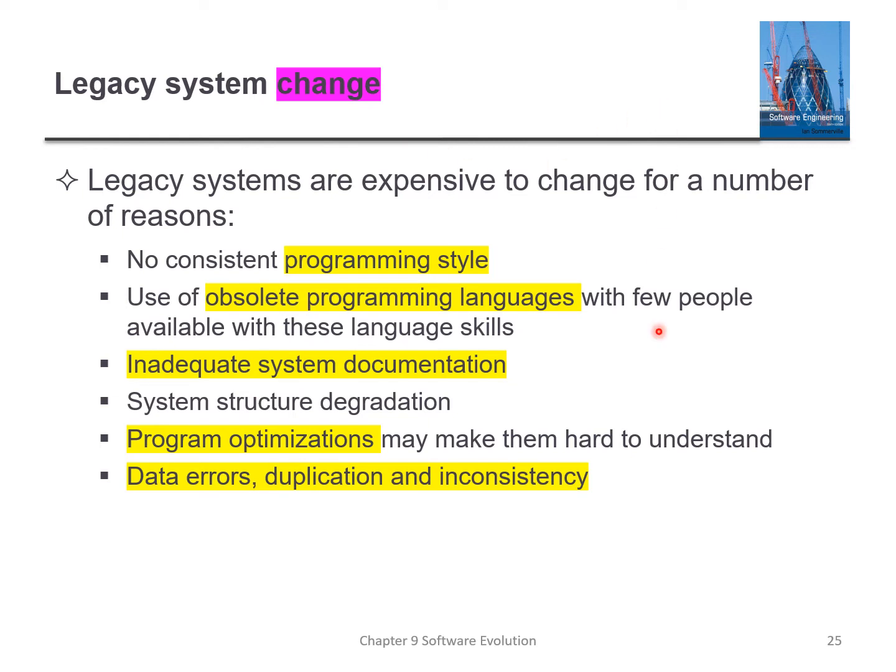Because you want to change it, you need to read the system documentation, and most probably it is inadequate. If you want to refer to the test data to run it, maybe it's not there, or maybe there is some error, right? So these are some of the issues that you need to consider if you plan to change the legacy system.